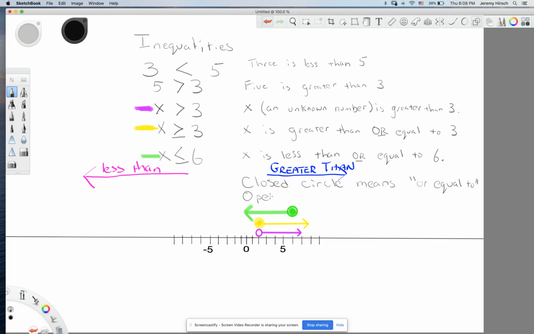Open circle means either greater than or less than. It does not include that point. So the closed in means it includes that point. Could be 6, might be less.